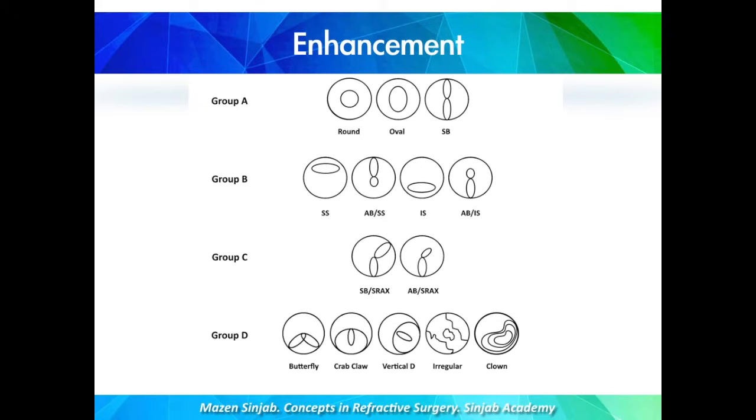So Group C includes the skewed patterns, while Group D includes the butterfly, crab claw, vertical D, irregular, and the clone pattern.